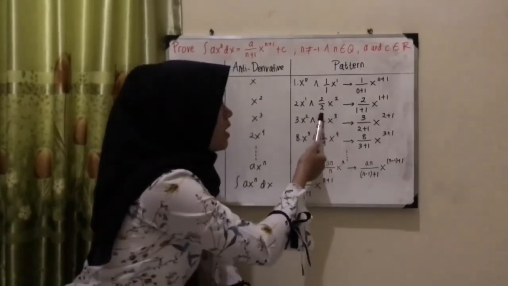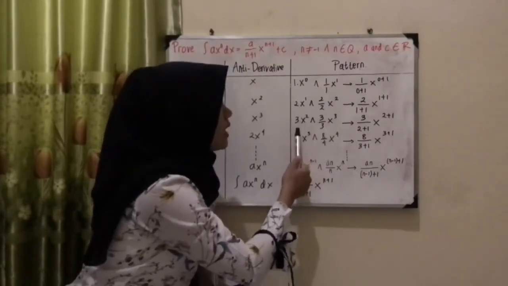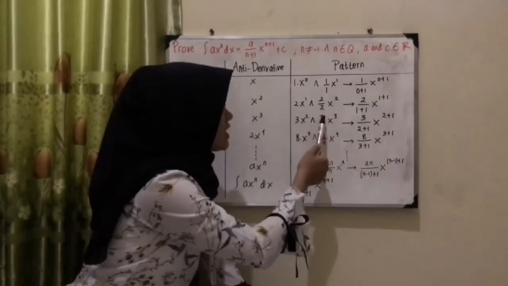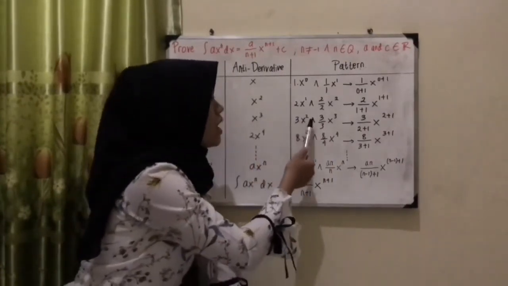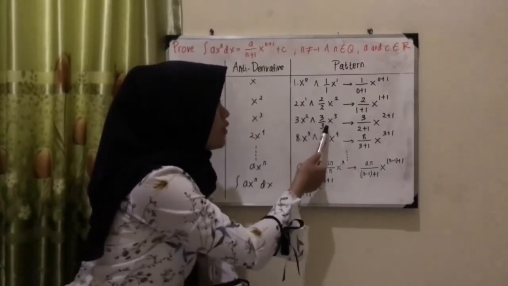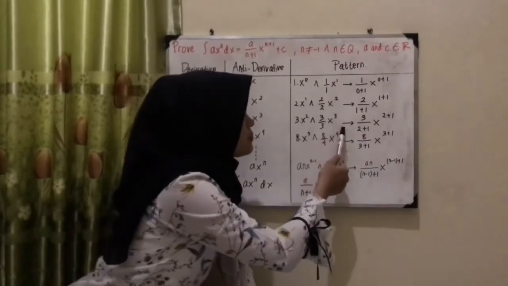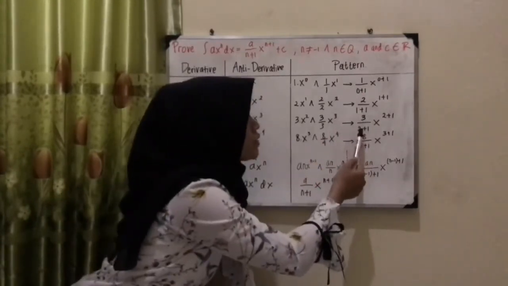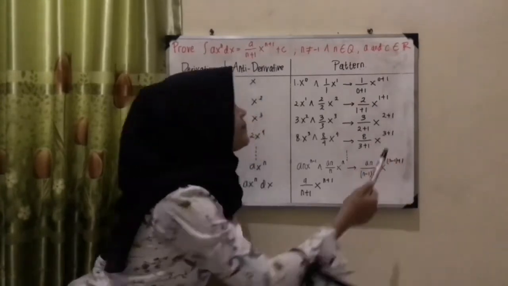Why 3 over 3? Because this coefficient is 3, so we write 3 without changing the value of the antiderivative, so we can write 3 over 3 times x to the power of 3. This pattern is 3 over 2 plus 1 times x to the power of 2 plus 1.